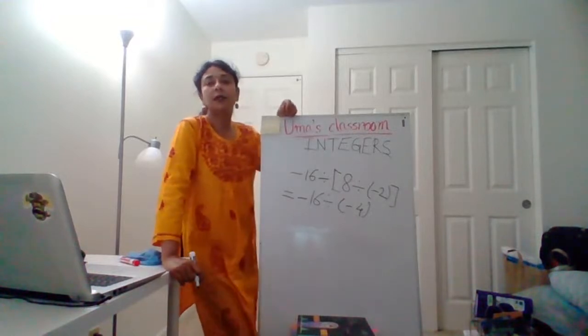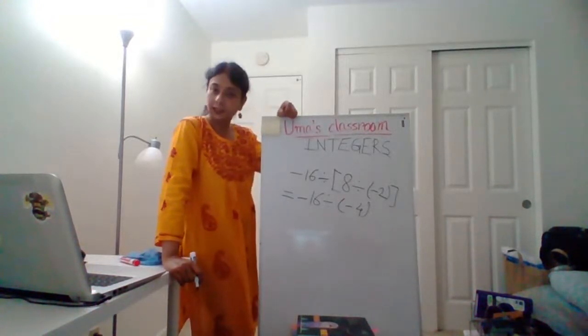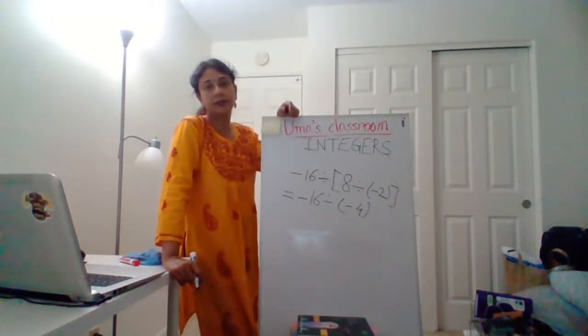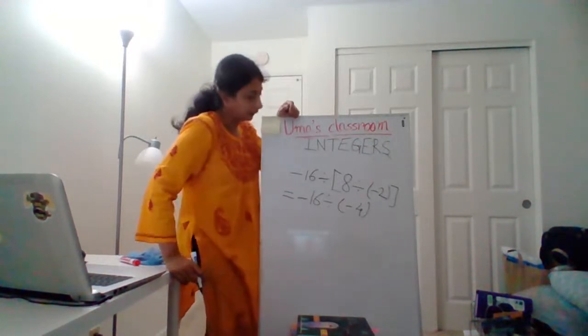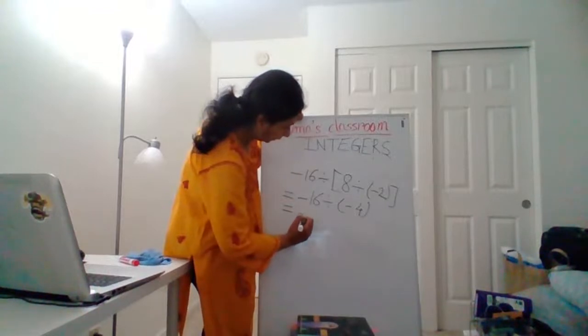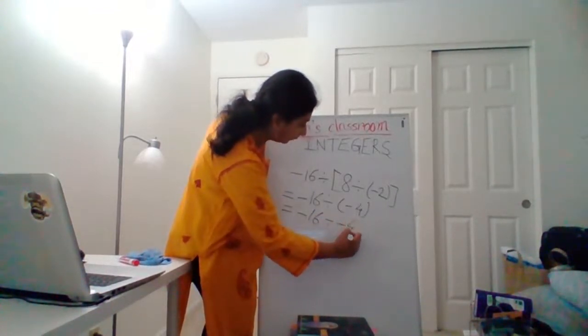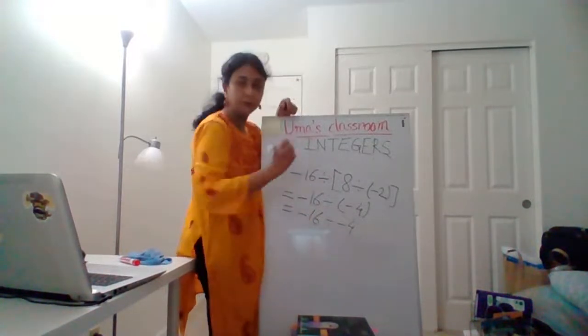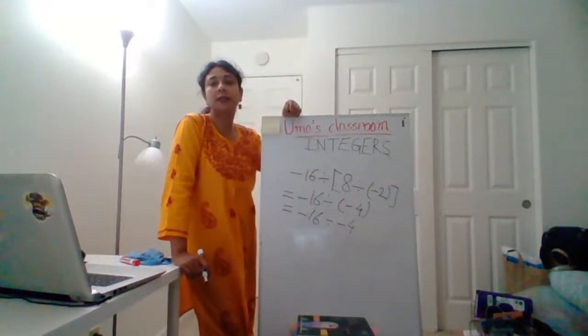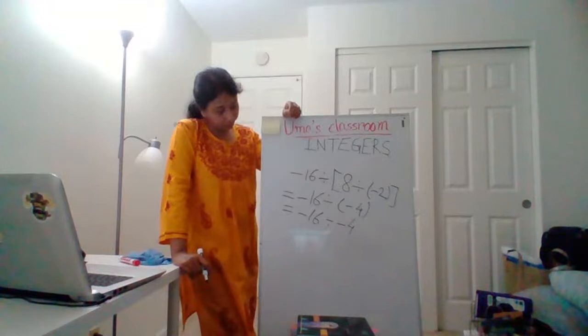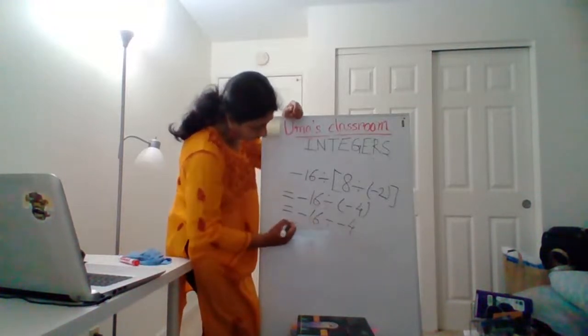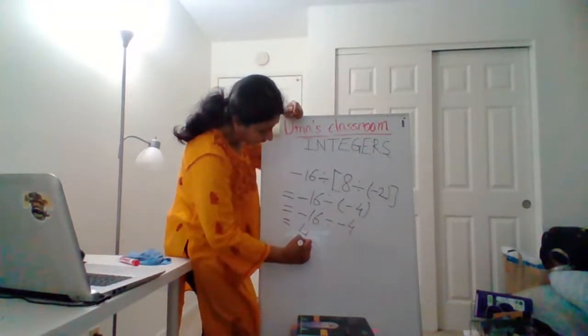If any one of the integers is negative and you are performing division operation, the result is always going to be negative. So, negative 16 divided by -4. Now look at these two integers, both of them are having the same sign. So your answer is going to be +4.